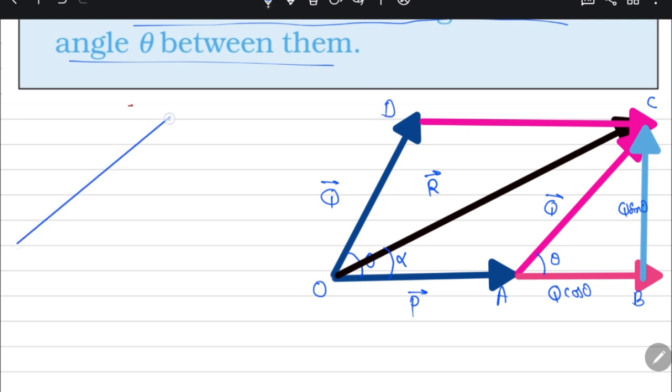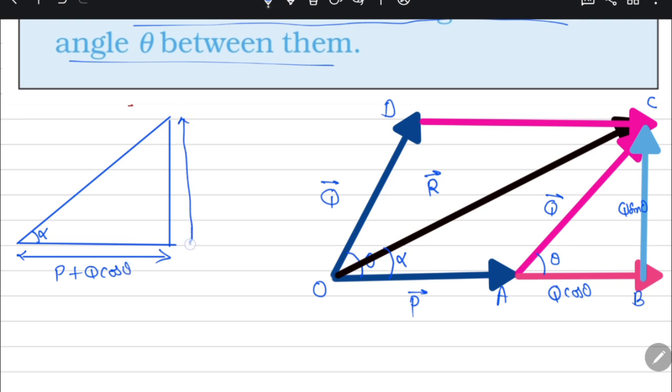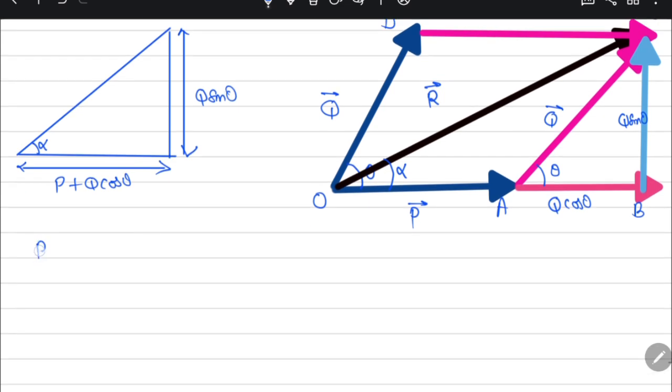I show this by this resultant of it. This angle is alpha and this total length is P plus Q cos theta and this length is Q sin theta. So by applying Pythagoras theorem, we can find this thing.